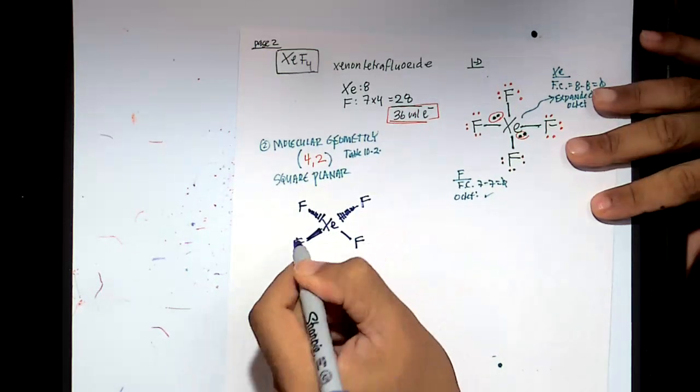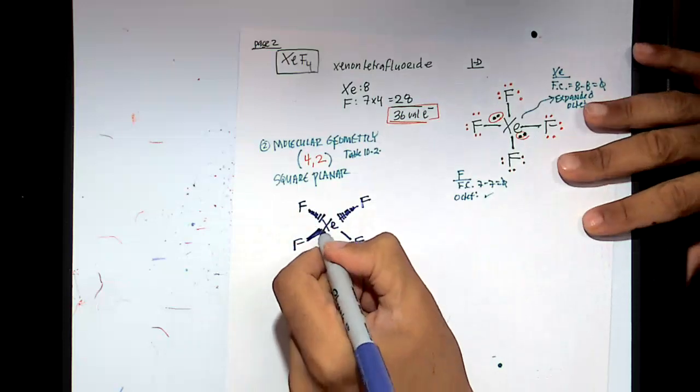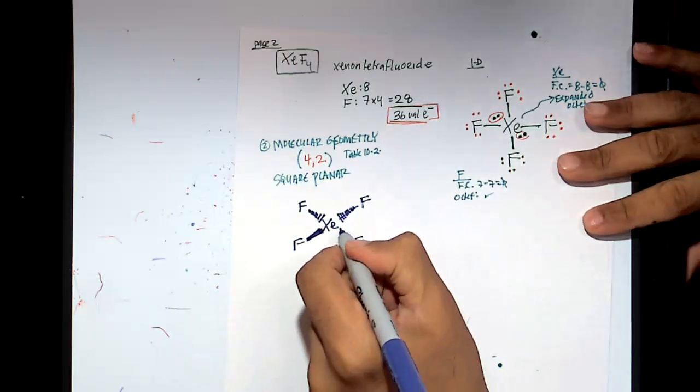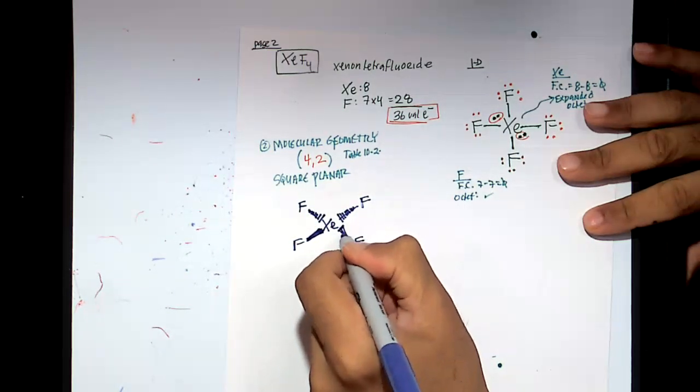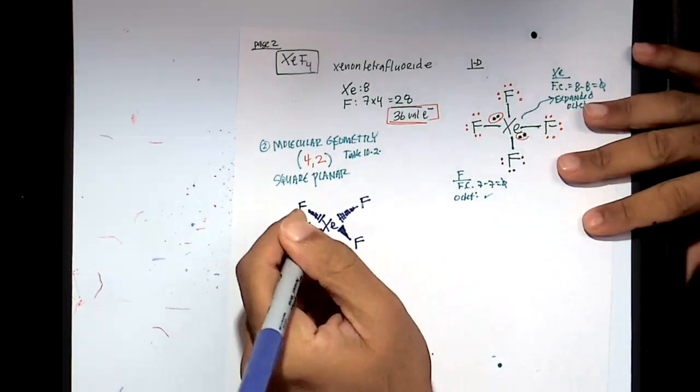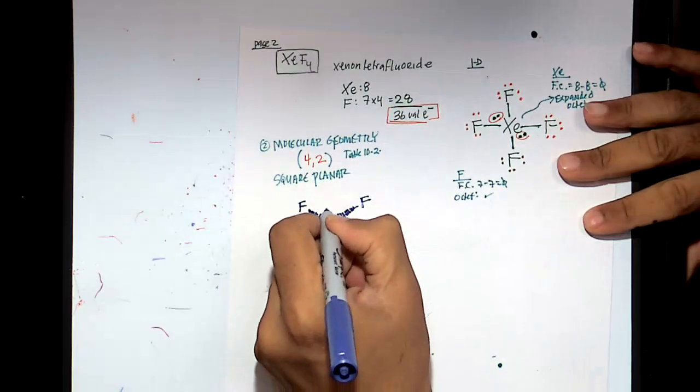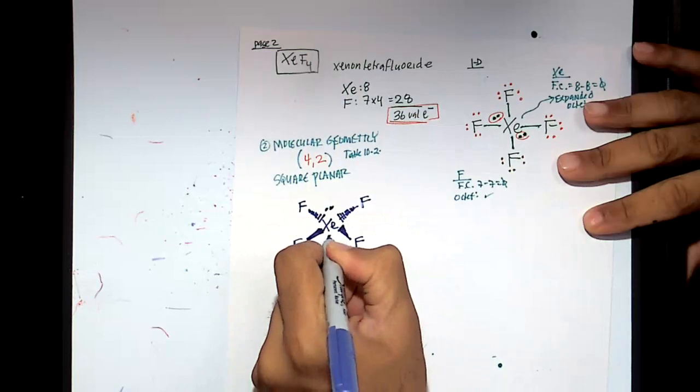Again, please realize there's more than one way to draw this in 3 dimensions. And I'll have the lone pairs come on the piece of paper.